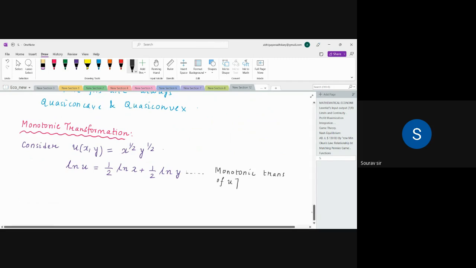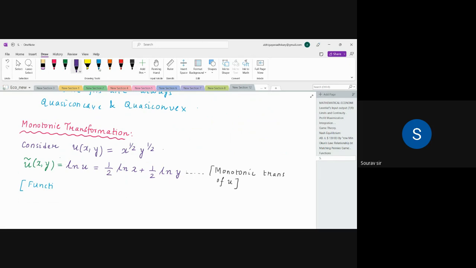Right. What do we mean by a monotonic transformation? It is basically a functional transformation that keeps the order or the ranking of the bundles unchanged. Okay. Let's say I define this function as u curl of x, y.